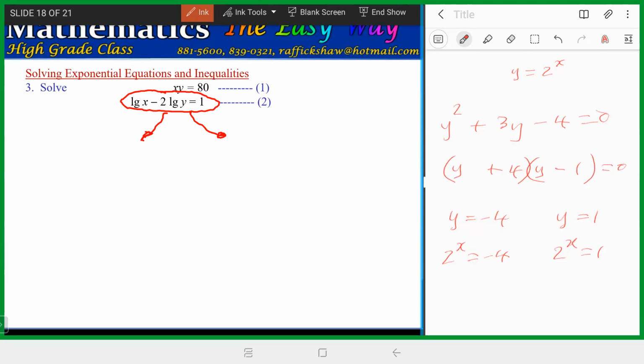You want to bring it down to something looking like this: log of a number to a base equal a power. Simple as that. When you reach there, you therefore know that the number is equal to the base raised to the power, and then you solve this.